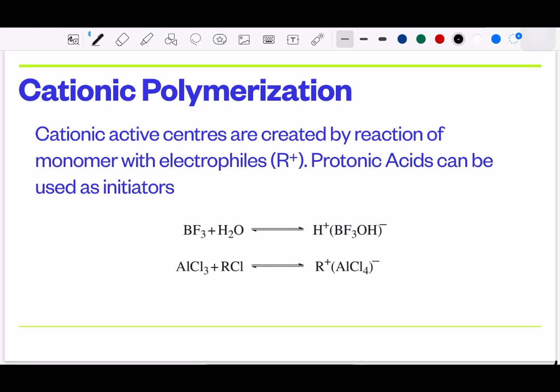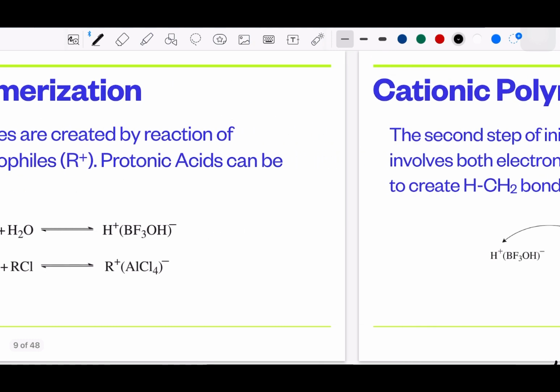We are going to use this as our initiator, to initiate the polymerization.